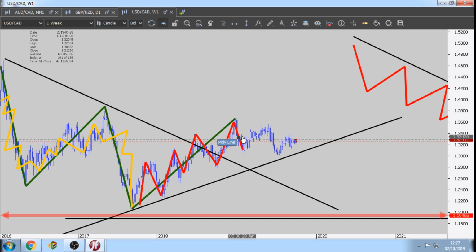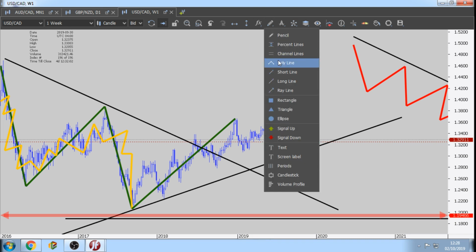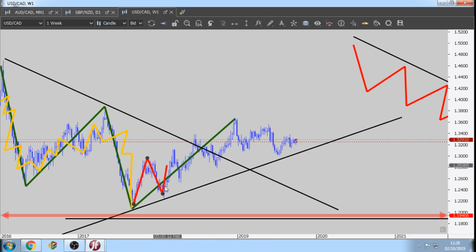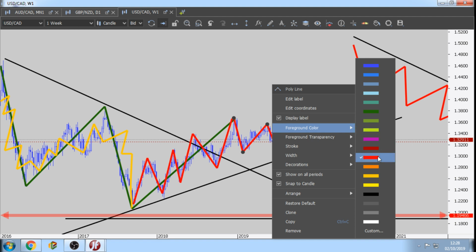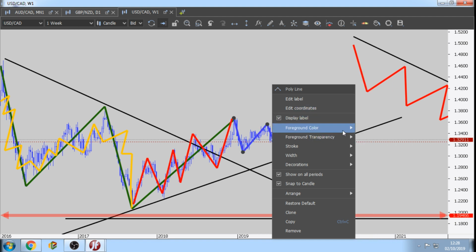Okay. I'm going to delete this and delete this. So higher highs, higher lows, higher highs, higher lows, higher highs, higher lows, higher highs until here, and then lower lows, lower highs, lower lows, lower highs. We have a lower high.